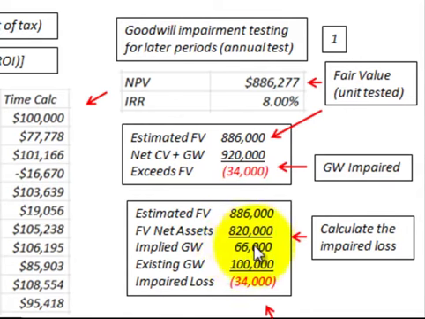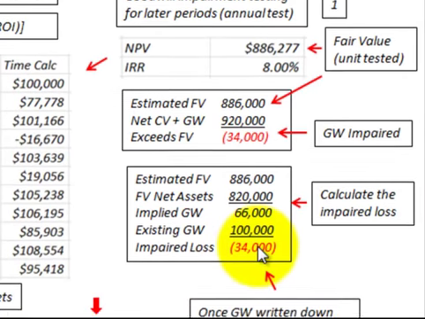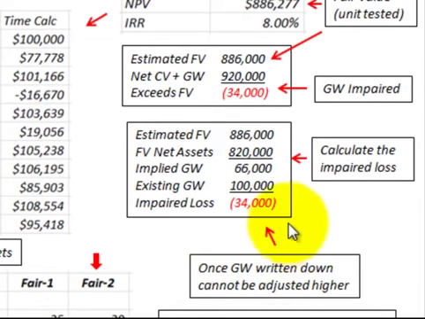So we take this implied goodwill of $66,000 and compare that to the existing goodwill of $100,000. So you can see the implied goodwill here is less than the existing goodwill by $34,000. So we have an impairment loss here calculated at $34,000. Now once this goodwill here is written down, it cannot be adjusted any higher.